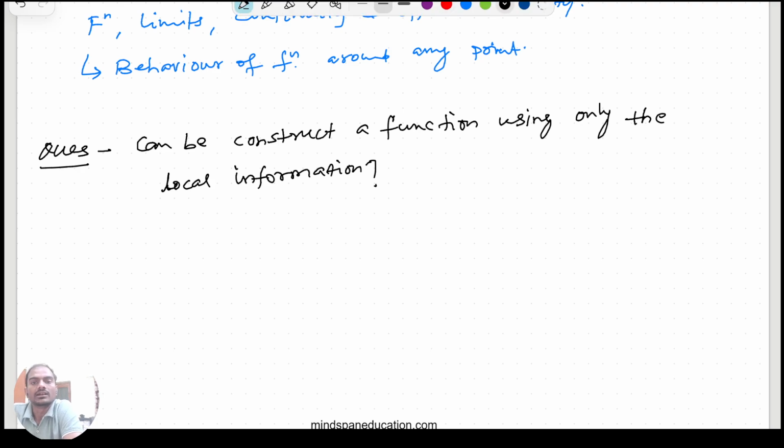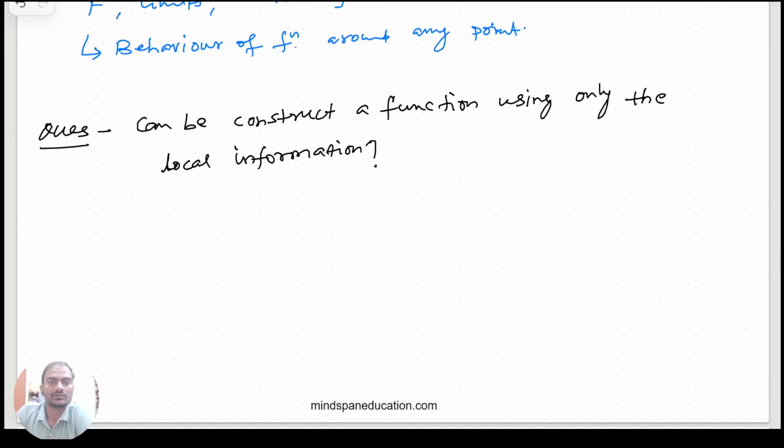Now, what does this question mean? It means suppose you are given all the information at any point, that you know f(a). Let's take the point x equal to a. This is the local point.